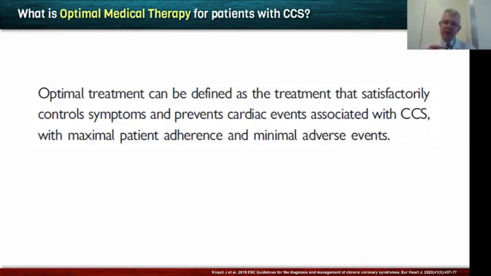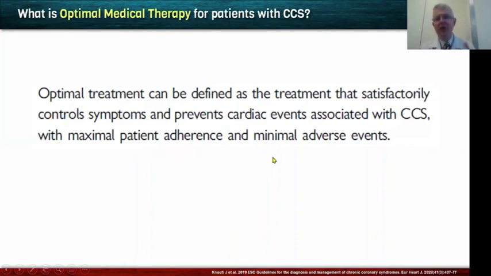So you have to come up with a medical strategy to control symptoms in a satisfactory way. Number two, you have to prevent cardiac events associated with chronic coronary syndromes. So you're talking about secondary prevention. Condition number three, maximal patient adherence.